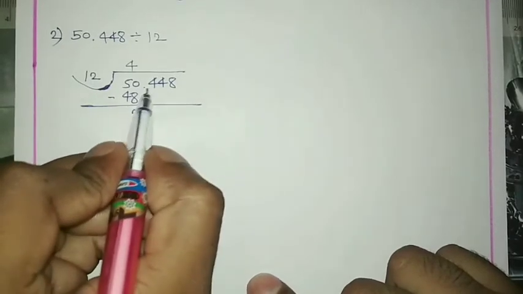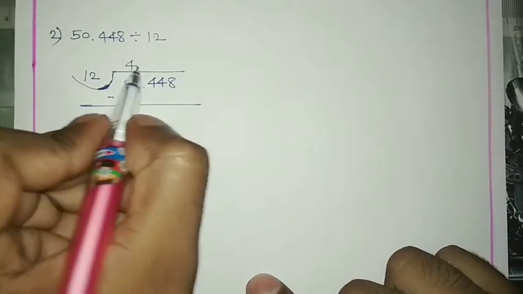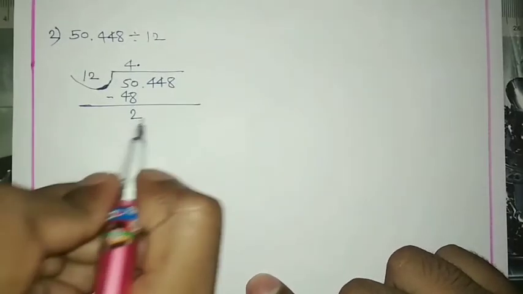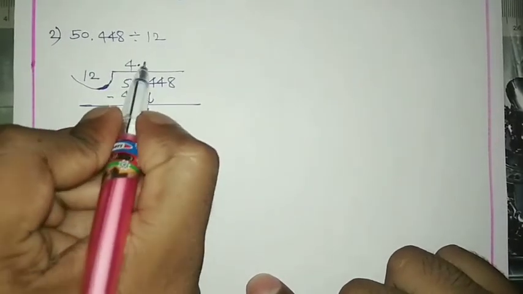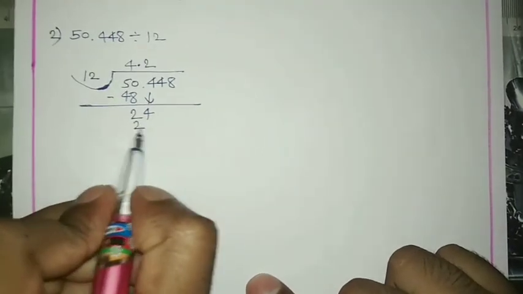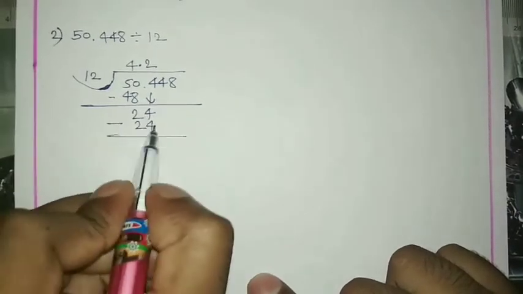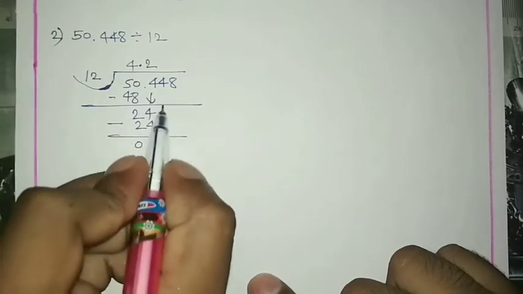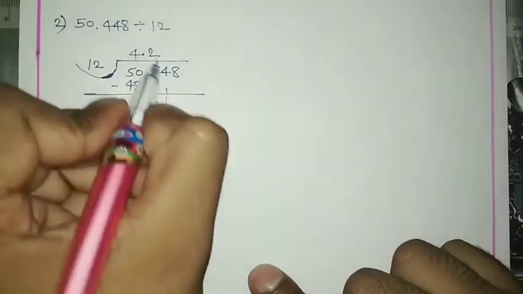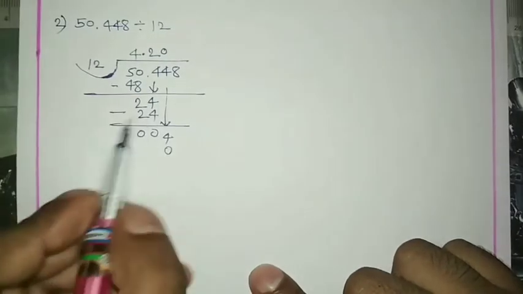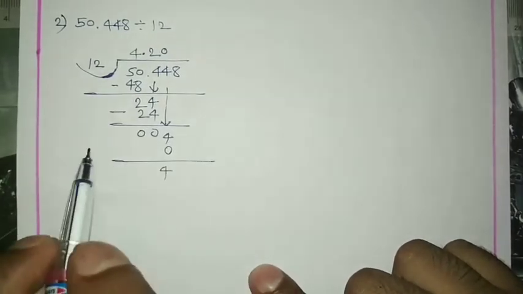And there is a point, so take the point here. Then 4 is here. 12 twos are 24, and 24 minus 24 is 0. Take this 4 here. 12 zeros are 0, and 4 remains.